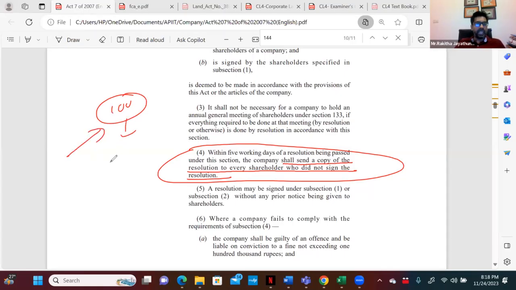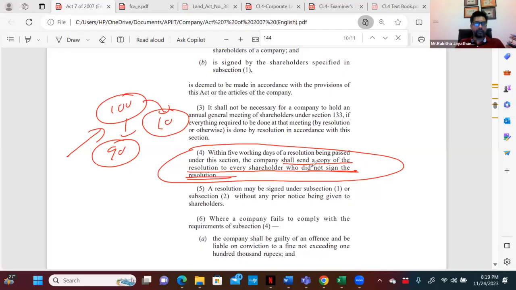But let's say only 90 people responded and 10 people didn't sign the resolution. Then after passing the resolution, you have to inform those 10 shareholders who did not sign that the resolution has now been passed.